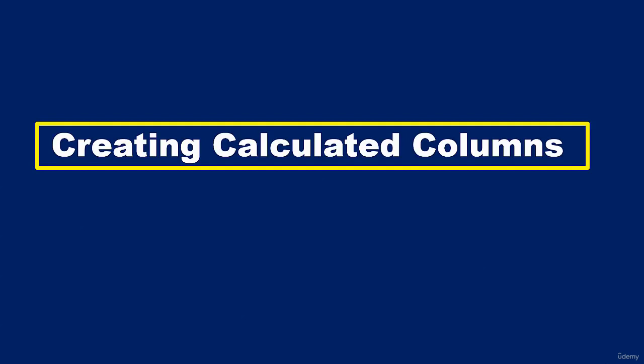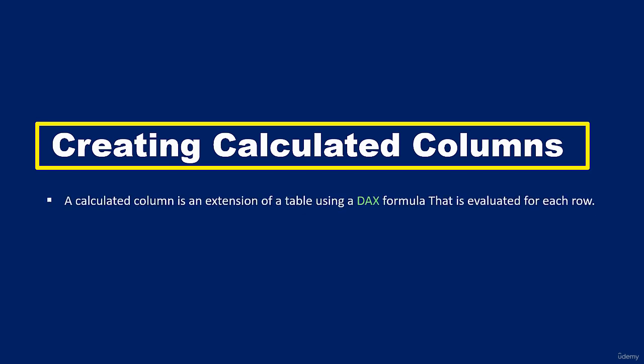When you are working with Power BI, you may need to enrich your data model with calculations, and you can do that by using calculated columns. What are calculated columns? A calculated column is an extension of a table using a DAX formula that is evaluated for each row.